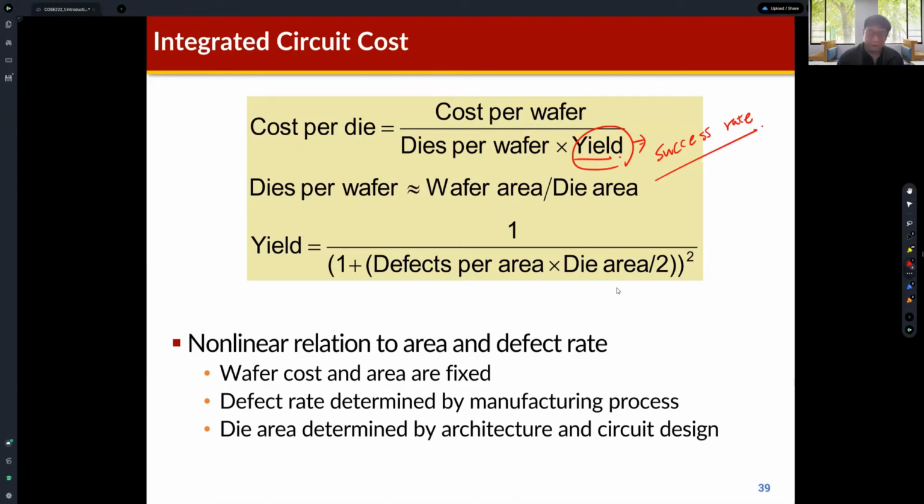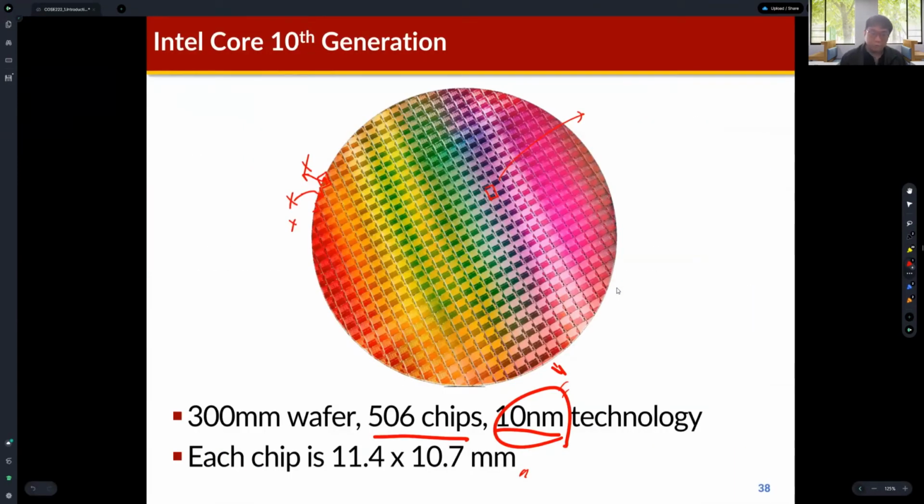So what does that mean? If you see these silicon wafers, the main material of the silicon wafer is silicon, or SiO2, silicon dioxide. But the material should be very pure.